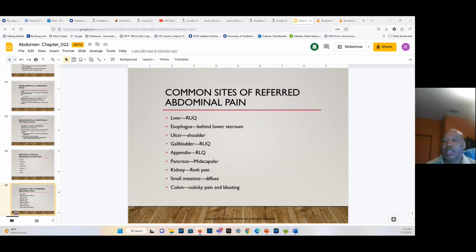Now, this pain is referred to a site where the organ was located in fetal development. Remember, when that fetus was inside of the mother, those organs were more or less pushed together, right? They didn't descend like the abdominal structures descend into the abdomen, and the lungs into their designated areas.